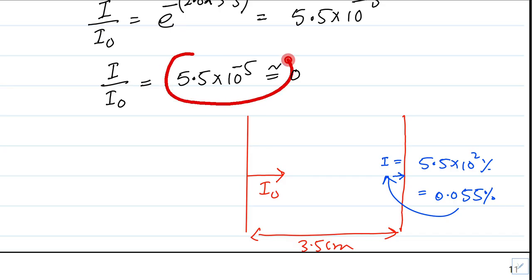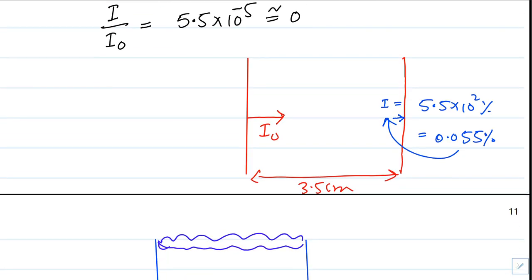Sorry, I have used an incorrect statement. I divided by I naught equals 0.005%, which means the ultrasound has been attenuated significantly. Only 0.005% has reached here. The rest has all been attenuated by this 3.5 centimeter.